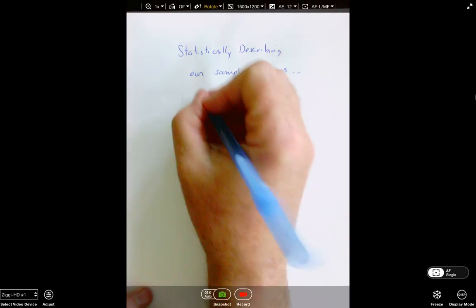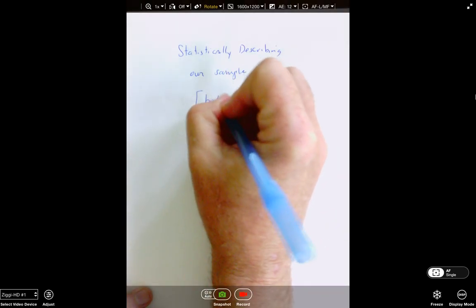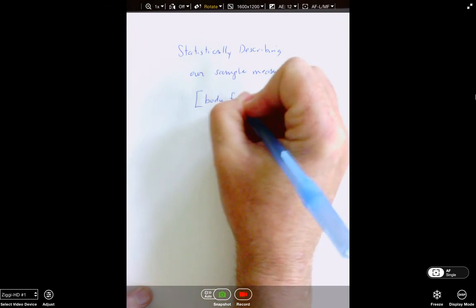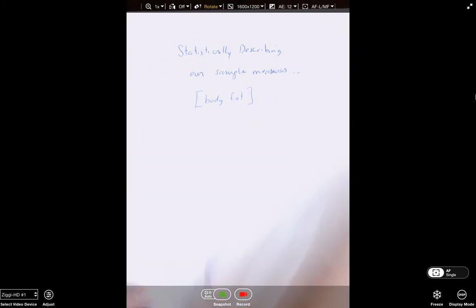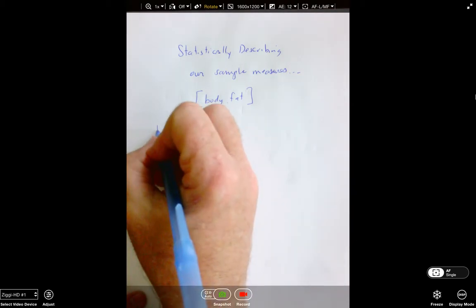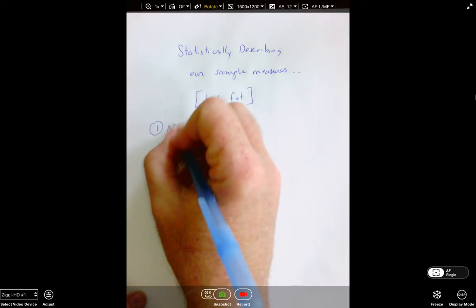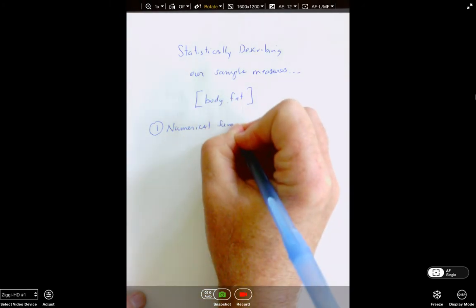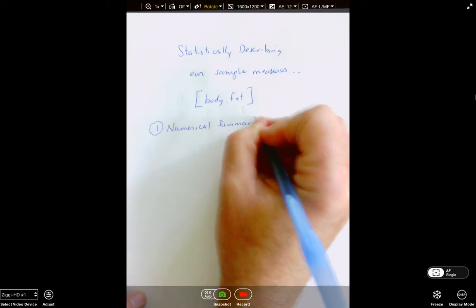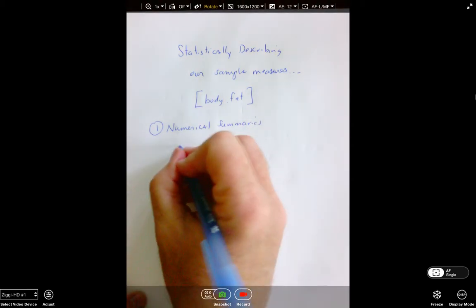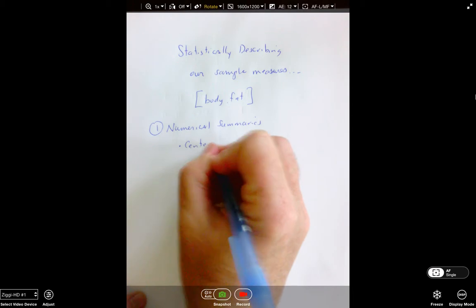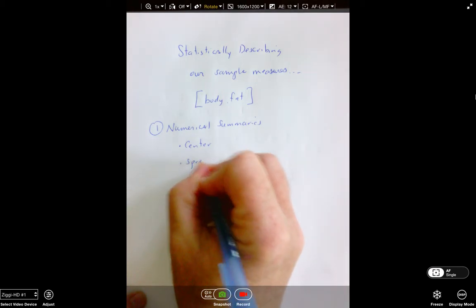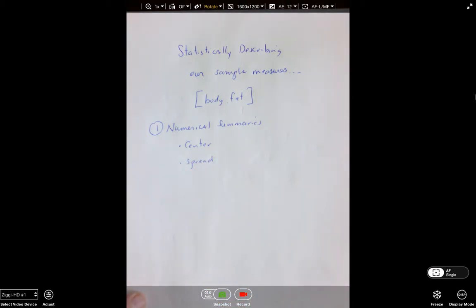And guys, in this illustration, this is for our body fat measurements, okay? First thing we want to be able to do is we want to be able to report the numerical summaries. And guys, there we want to be able to make a center statement, and we want to be able to make a spread statement, okay?